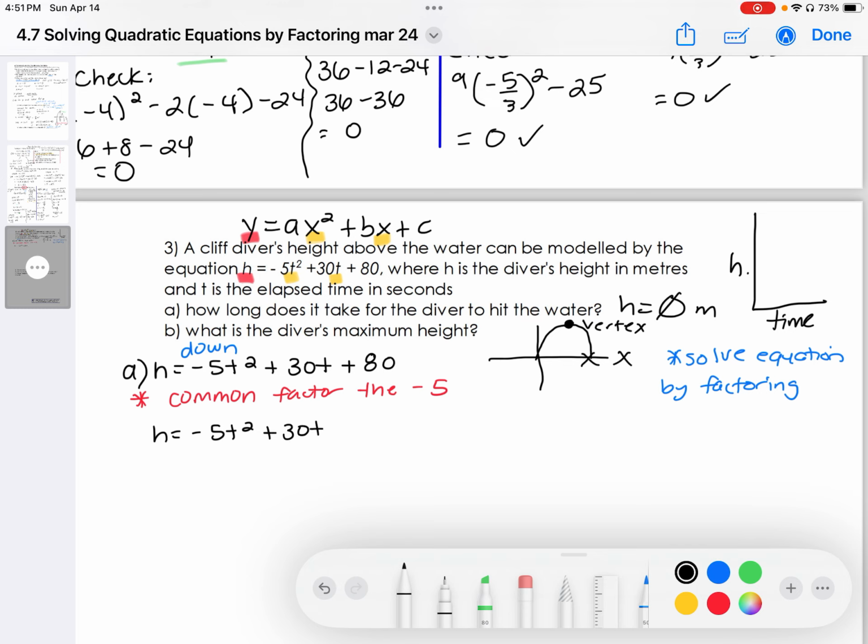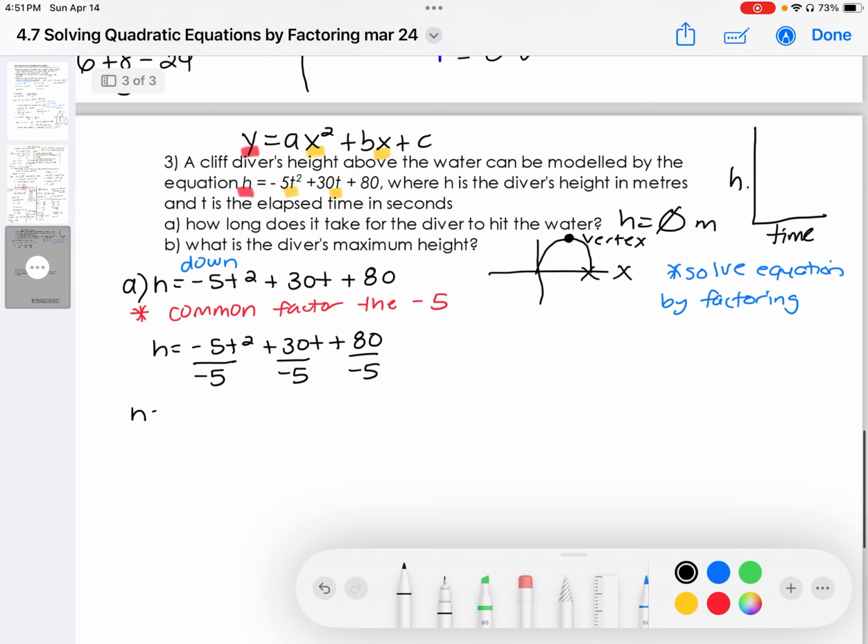So at first it looks like A is not 1, but when we divide out the -5, watch what happens. Now A is equal to 1, which makes our life easier.